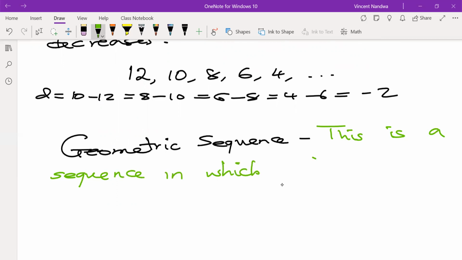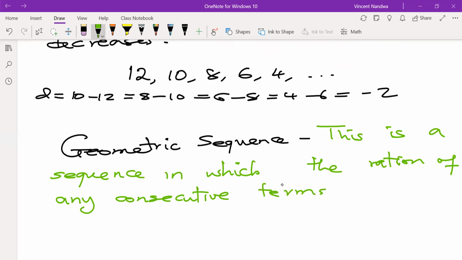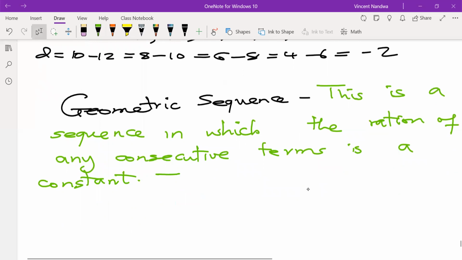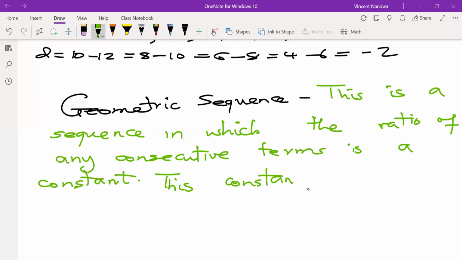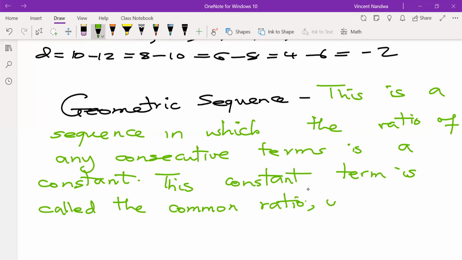This constant is called the common ratio, usually denoted by R.